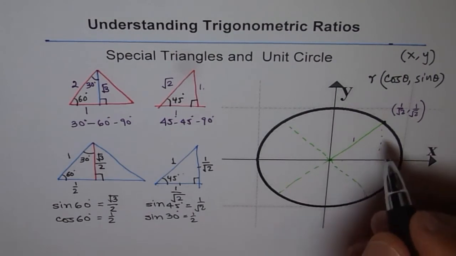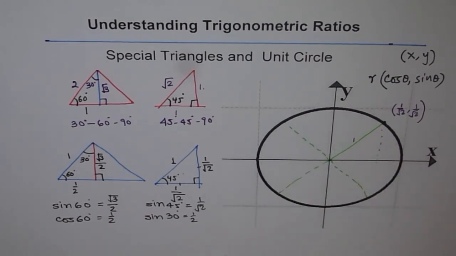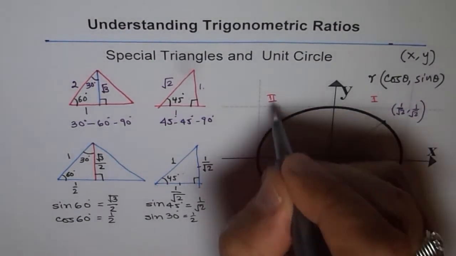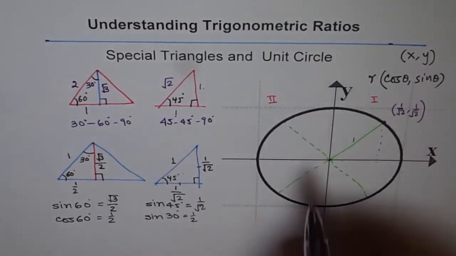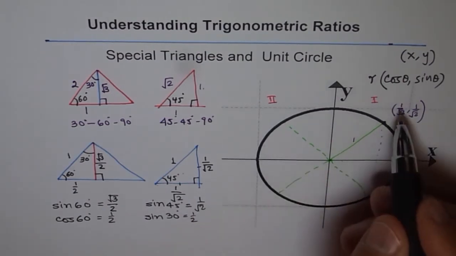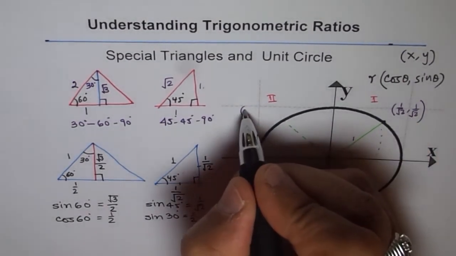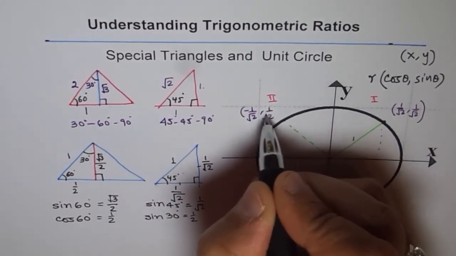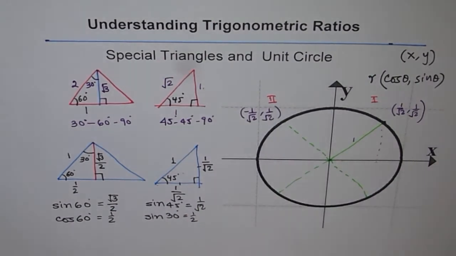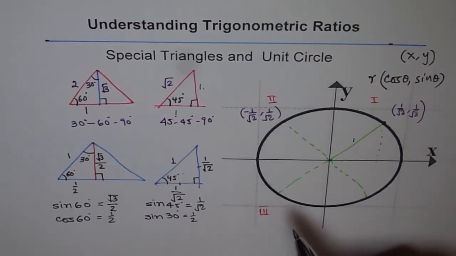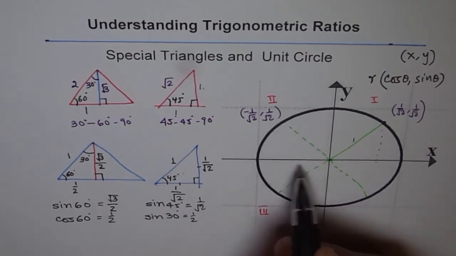Now, let's go to quadrant 2. As you move from quadrant 1 to quadrant 2, what happens? Well, the x values become negative, and the y remains positive. Therefore, this will have a value of minus 1 over square root 2 for the x, and 1 over square root 2 for y. Perfect. If you move down to quadrant 3, then both are negative, because you are going negative y, negative x.